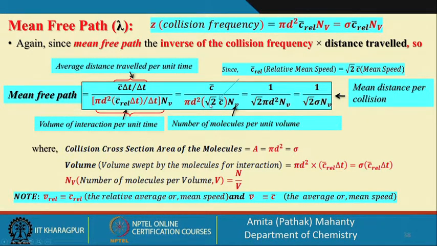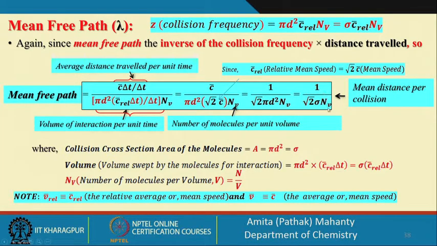Now, we replace the C-rel with the expression for the mean speed. The relative mean speed is going to be equal to under root 2 times the mean speed. So, if you replace that, you again get another very interesting expression.